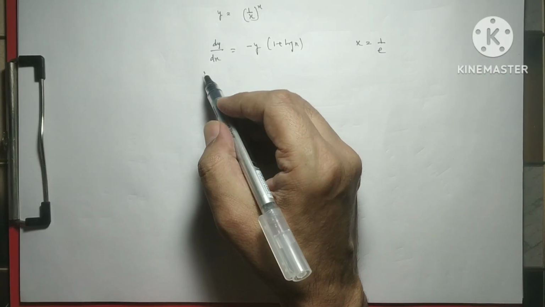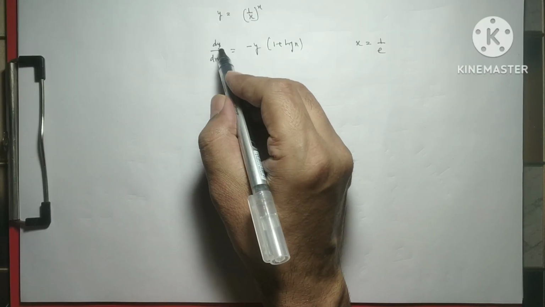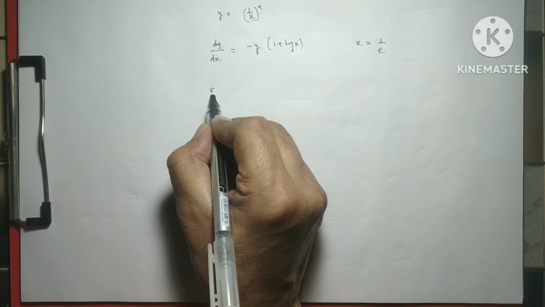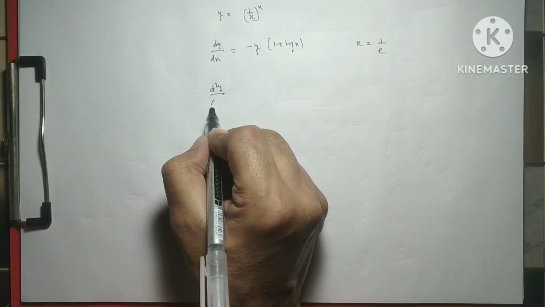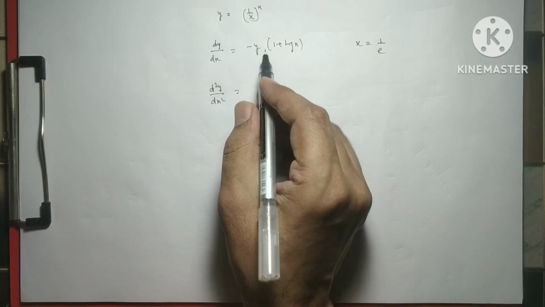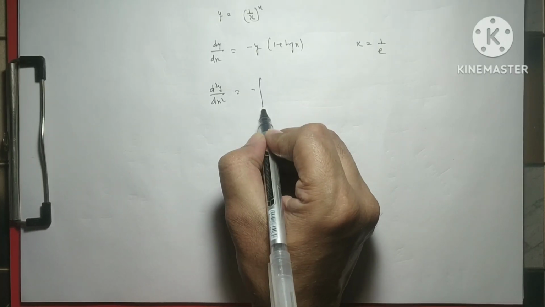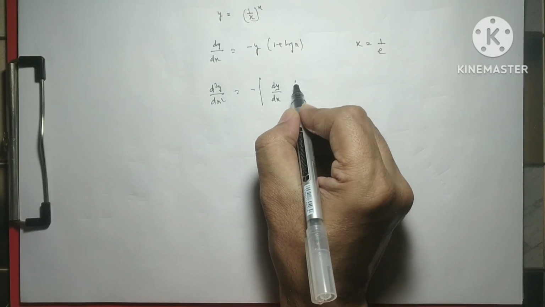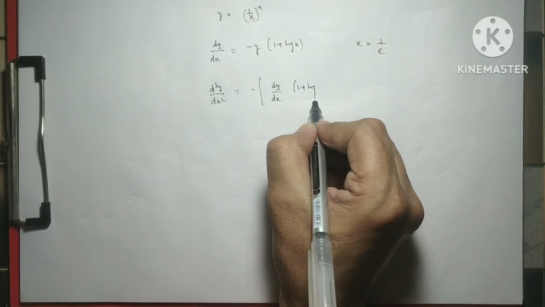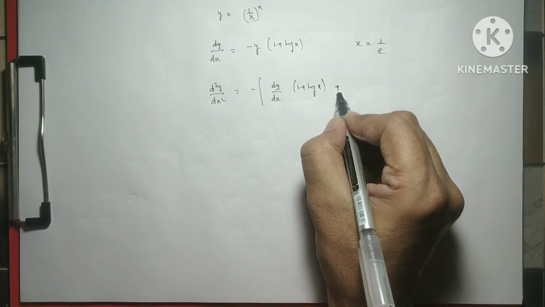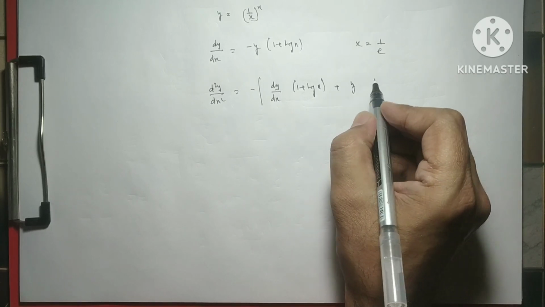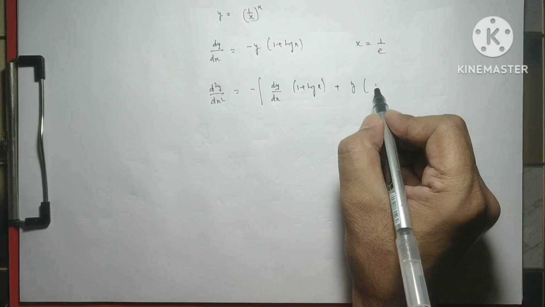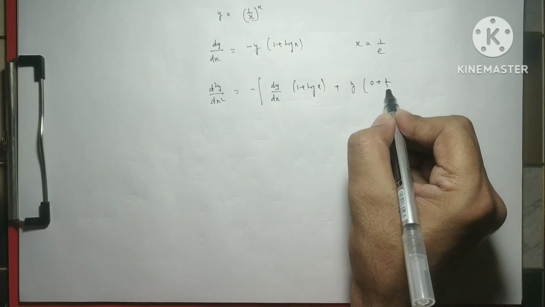Right now we will go for the second step and differentiate again. So we get d2y over dx square, and there is a product rule: minus differentiation of y, which is dy over dx, times 1 plus log x as it is, plus y as it is, and the differentiation of 1 plus log x is 1 over x.